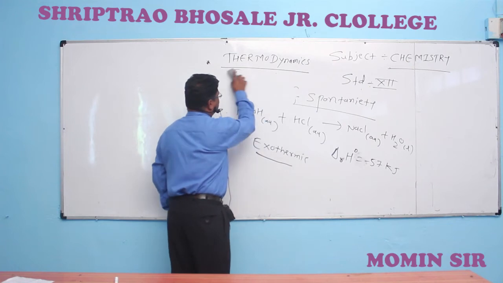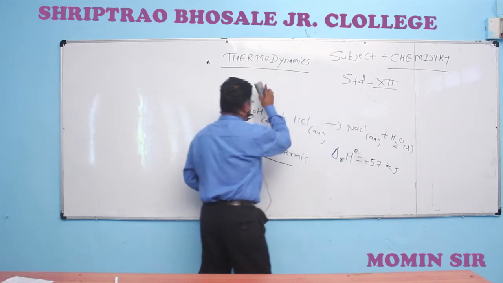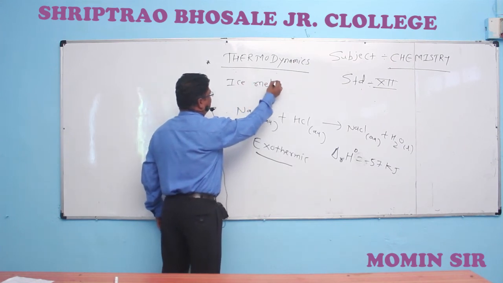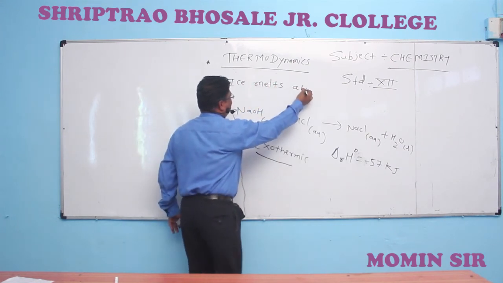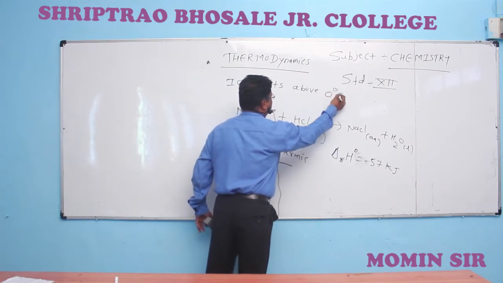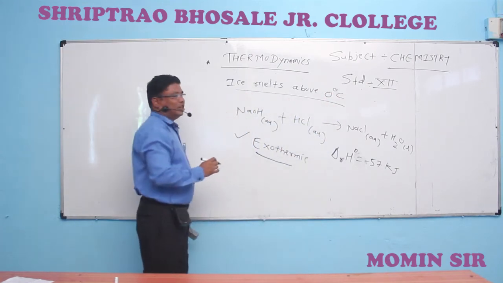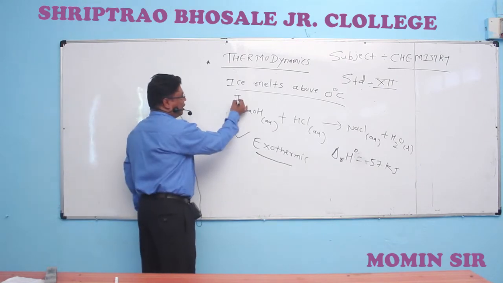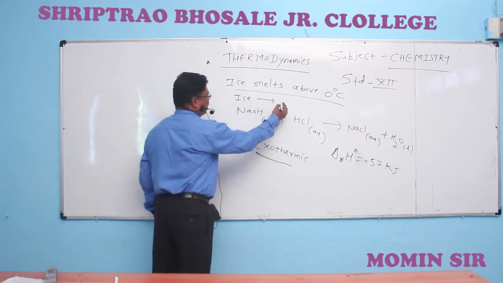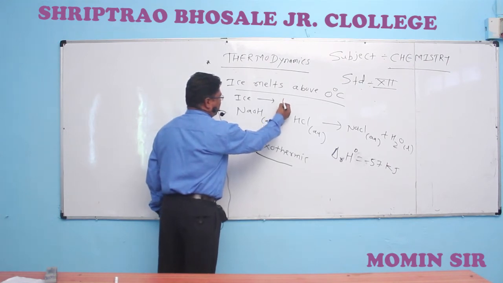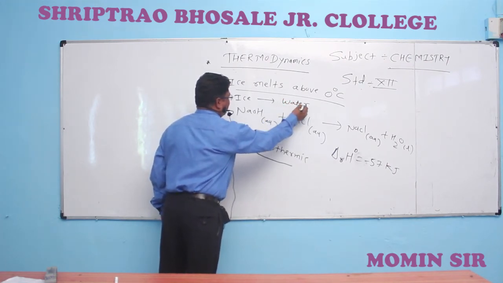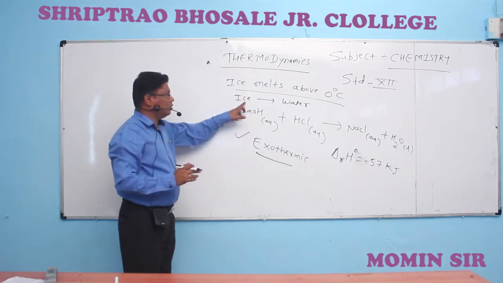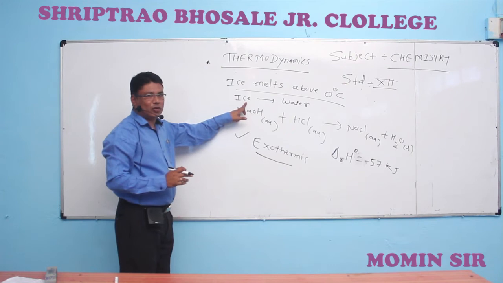ice melts above 0 degrees Celsius. You know that when we take ice, it is converted into liquid water. At 0 degrees Celsius, water is in the solid state, that is called ice.